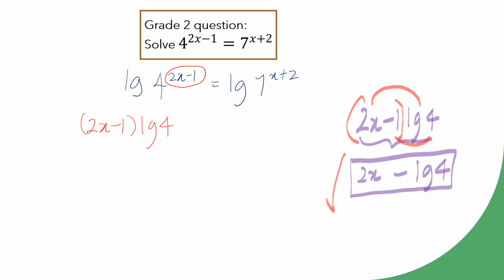So what you get is 2x log 4, then minus log 4, which is what you want, the correct answer. Therefore, it is very important that you put the bracket there. The bracket must be there. Okay, let's continue. Likewise, when you bring x plus 2 to the front, bracket it.